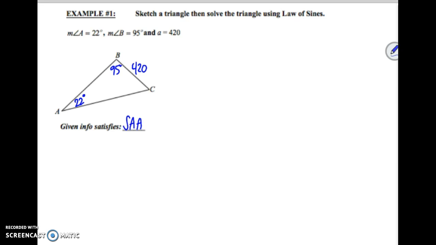To find the side length B, so little b, we can take the sine of A divided by little a, and set that equal to the sine of B divided by little b.